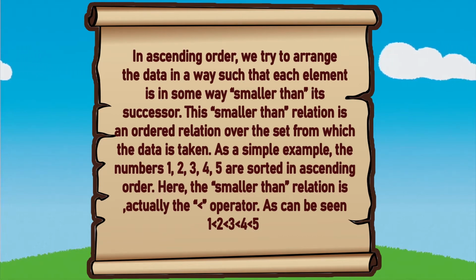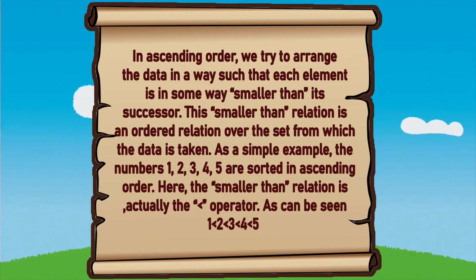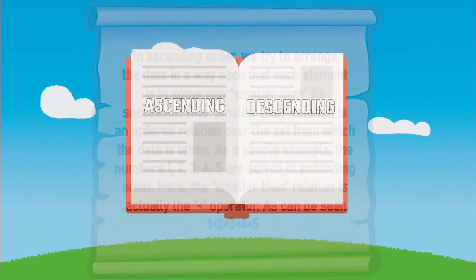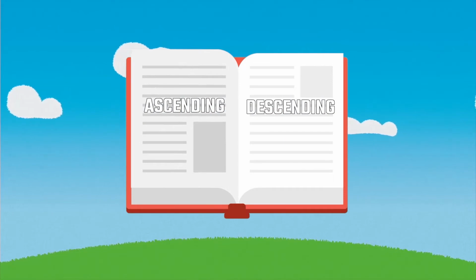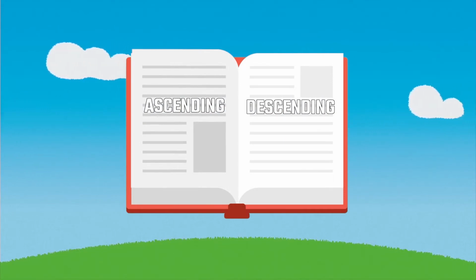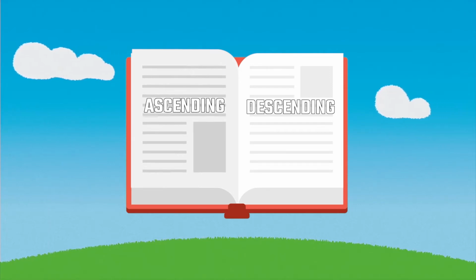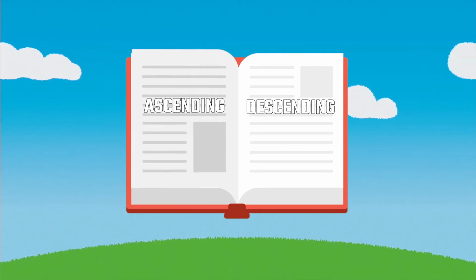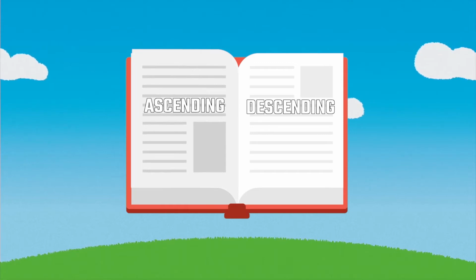Here, the smaller than relation is actually the less than operator. As can be seen, 1 is less than 2, is less than 3, is less than 4, is less than 5. Oh, what about the descending bubble sort? Descending order is the exact opposite of ascending order. Given a data that is sorted in ascending order, reverse it and you will get the data in descending order.